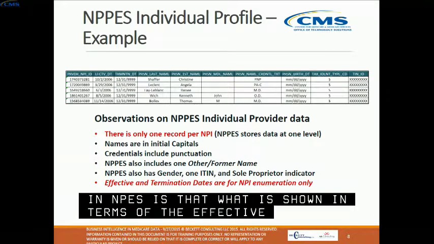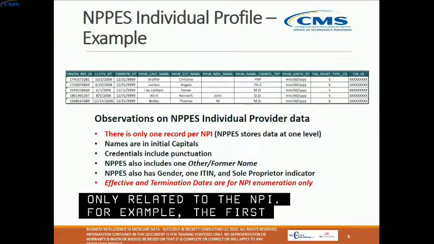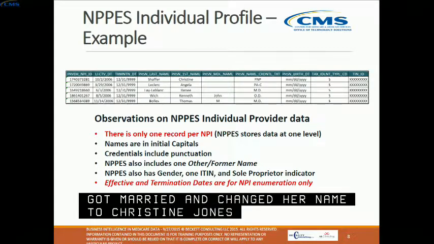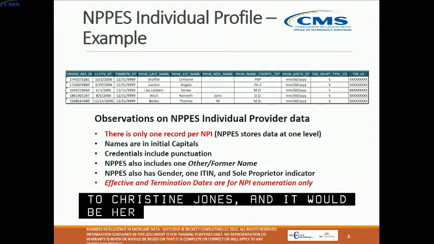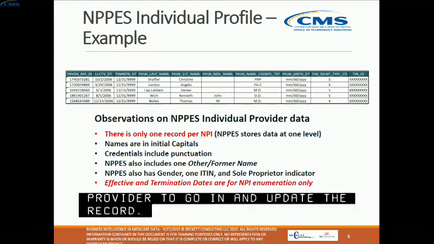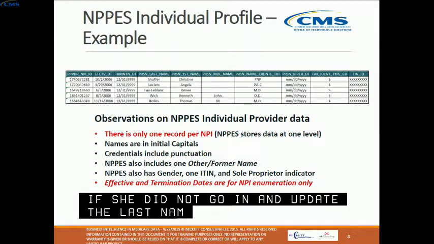So for example, the first row here, Christine Schaefer, if Christine got married and changed her name to Christine Jones, it would be her responsibility. It's the responsibility of the provider to go in and update the NPES record.